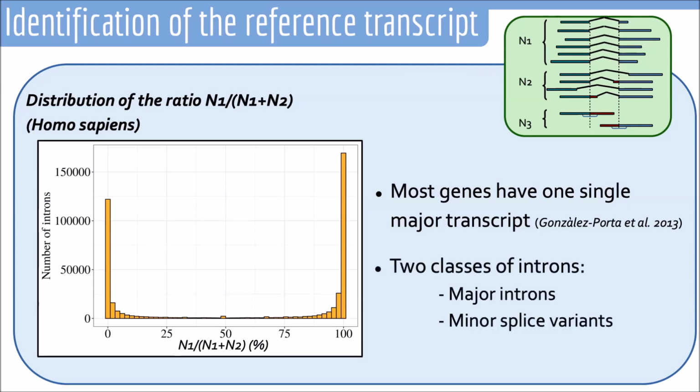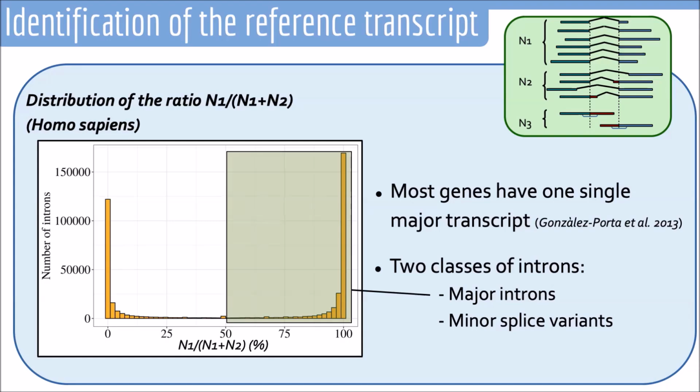And so among all introns that we detected, we can distinguish two classes. The major introns, those that are spliced in the majority of the transcripts expressed by a given gene, and the minor splice variants, that are spliced in only a minority of transcripts of a given gene.